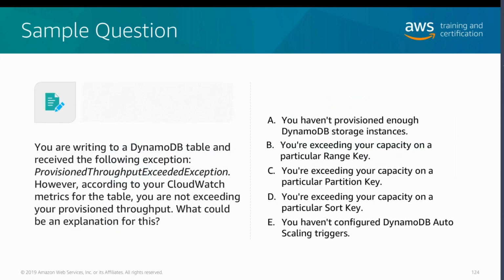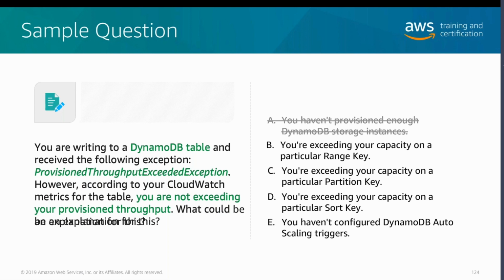So you're writing to a DynamoDB table, and you receive the following exception: provisioned throughput exceeded. However, according to the metrics, you're not exceeding your provisioned throughput on the table itself. What could be the explanation for this? So we're getting provisioned throughput exceeded, but we're not exceeding our table's provisioned throughput.